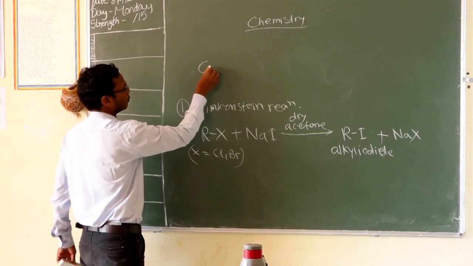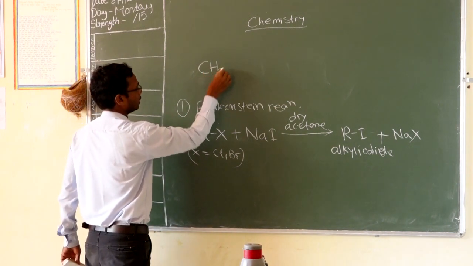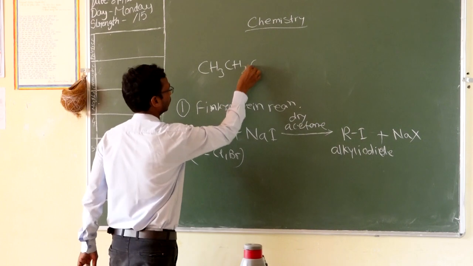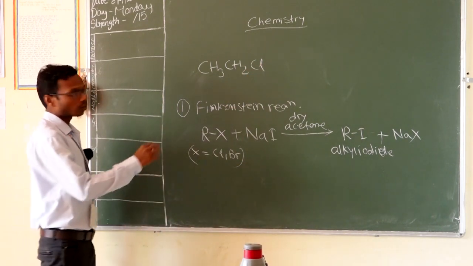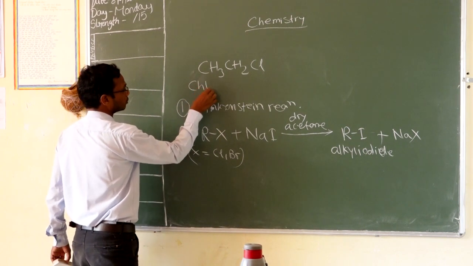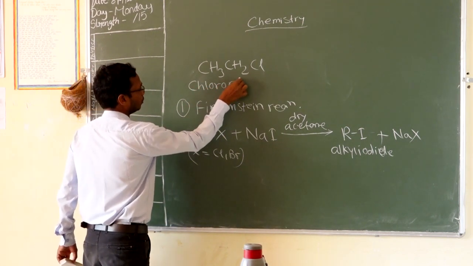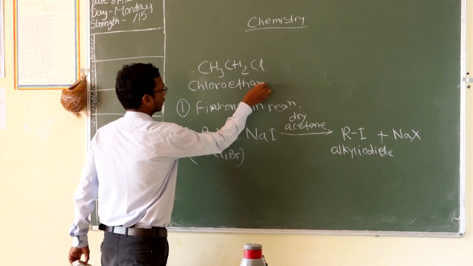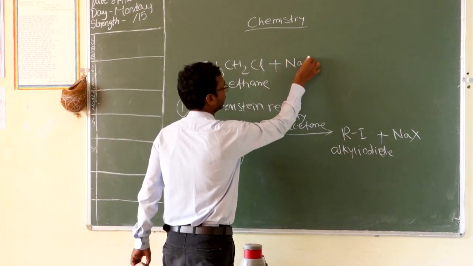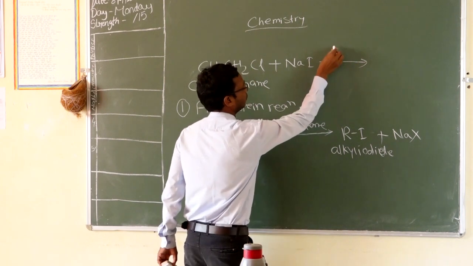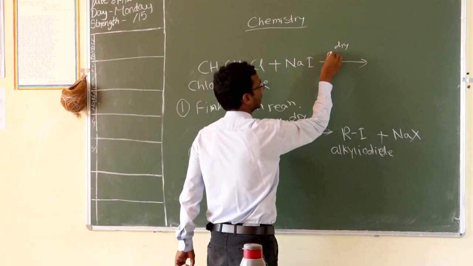Suppose CH3CH2Cl. Name of this compound is chloroethane. Chloroethane reacts with sodium iodide in presence of dry acetone.